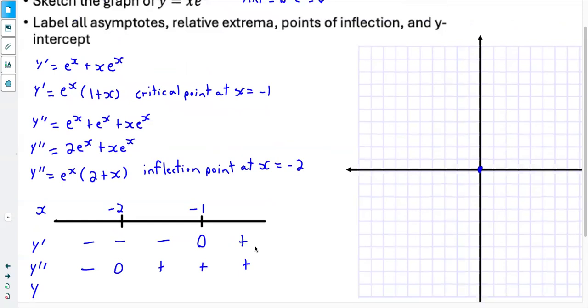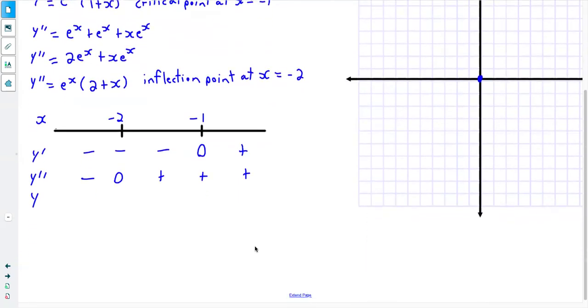So our original function was y equals x e to the x. So y of -2, we'd have -2 times e to the -2. So that'd be -2 over e squared, which is roughly -0.27.